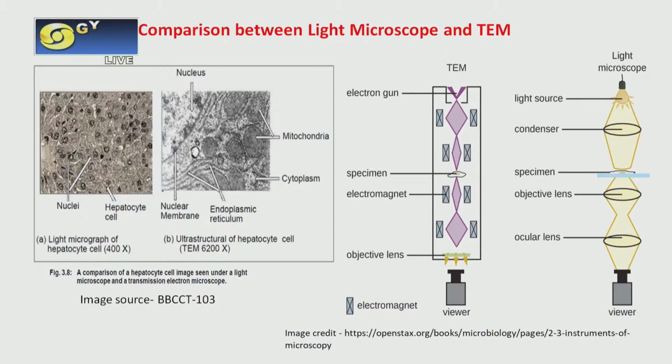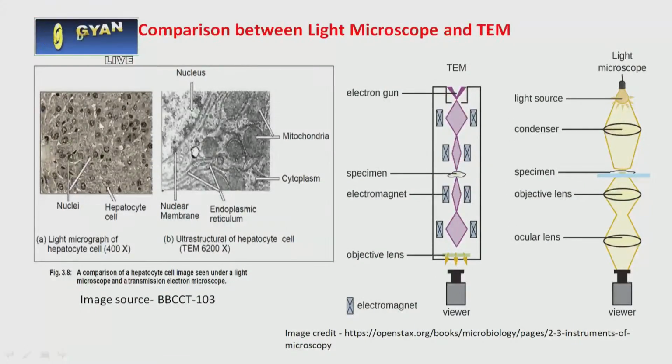Here you can see different subcellular organelles in the cells like nucleus, mitochondria, cytoplasm, nuclear membrane, and the endoplasmic reticulum, because it produces a highly resolved image at the atomic level. So we can see that before the invention of electron microscopy, we could not see this kind of structure, and only the light microscope was able to provide biological objects at 200 nanometer sizes.